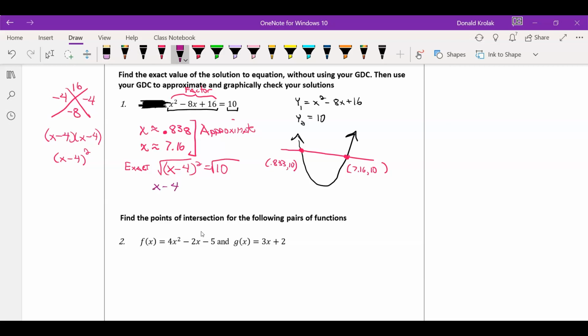X minus 4 equals plus or minus the square root of 10. Move the 4 over, and there's the roots. 4 plus root 10 is one answer, and 4 minus root 10 is the other answer. So these are the exact answers. These are the approximate answers.